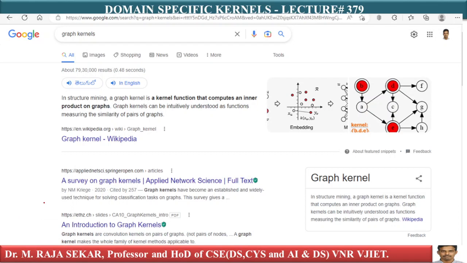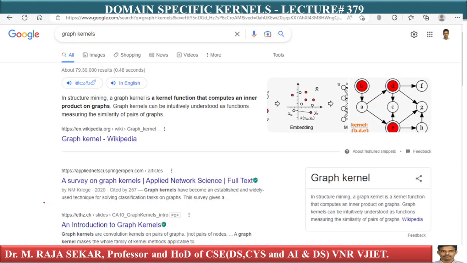People have spent a lot of energy and time over the years in designing domain specific kernels. If you are solving a problem, of course, RBF is again a general purpose kernel. If you don't have a domain specific kernel, it's preferable to use RBF. That's what we discussed, isn't it?